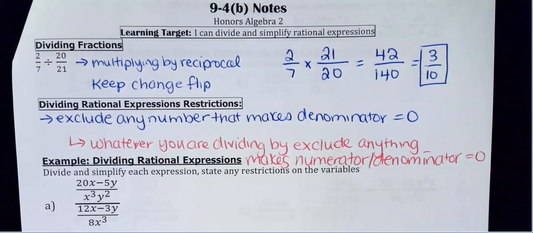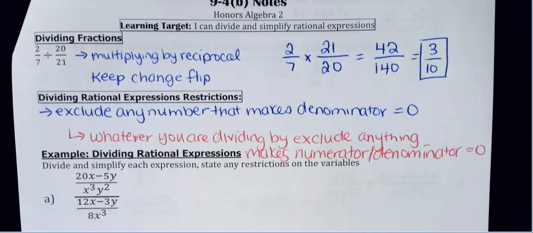So in the original problem, whatever you're dividing by, the denominator in the original problem is a problem. But then you're going to flip it over. So that's going to put the numerator into the denominator when we do the reciprocal. So basically, whatever you're dividing by, exclude anything that would make the top or the bottom equal to 0. So it might have some extra restrictions here.